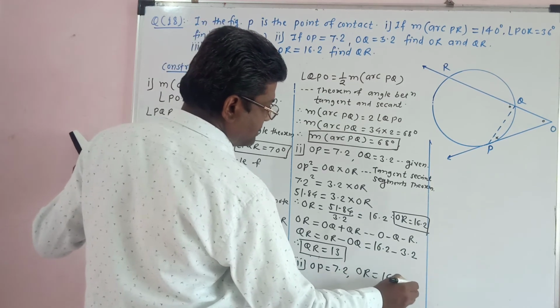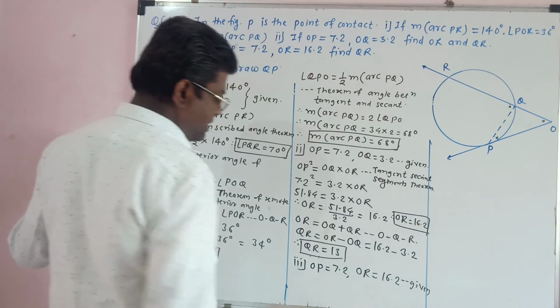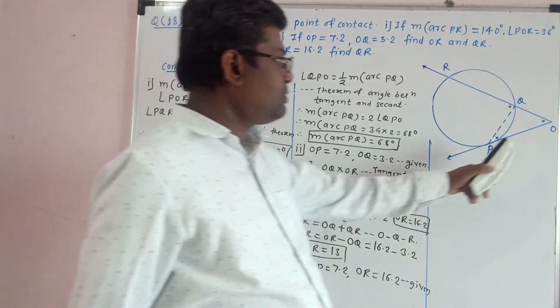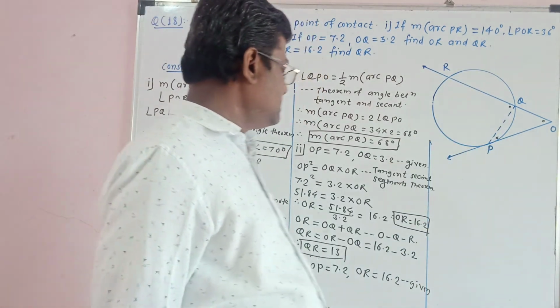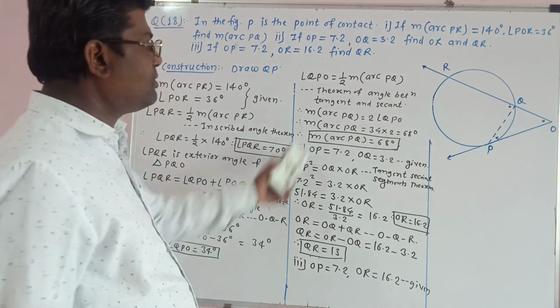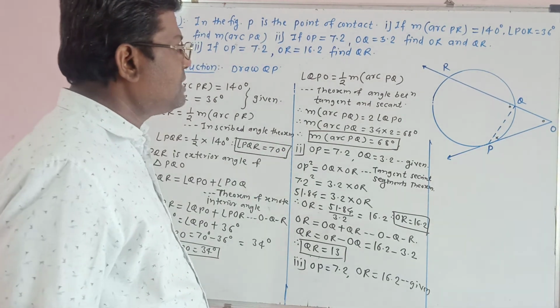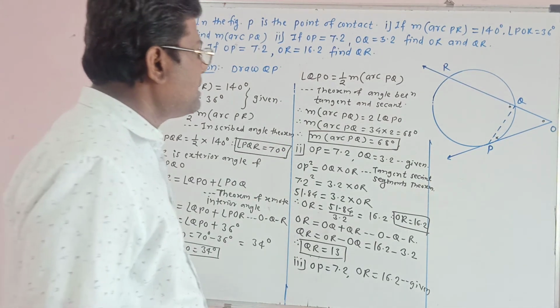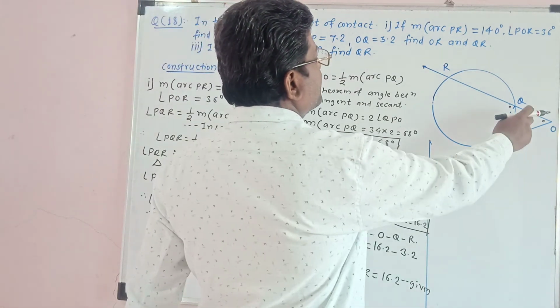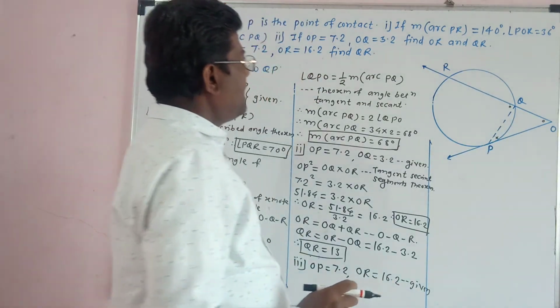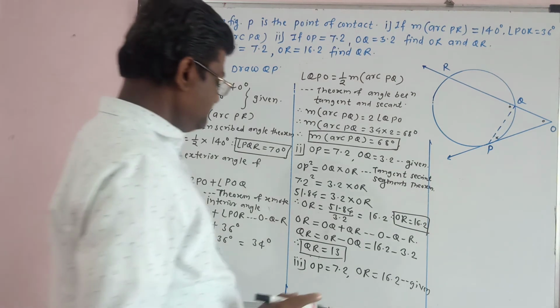It is given. OP is 7.2 and OR is 16.2, and we have to find QR. At first we have to find OQ and then QR.